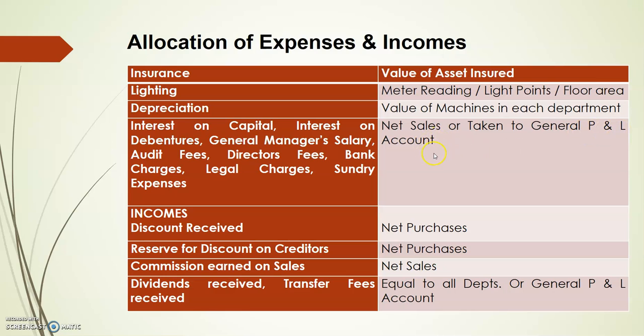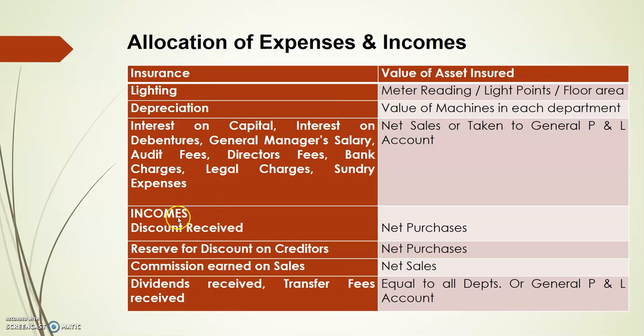That means in addition to the departmental accounts, a separate trading and profit and loss account for each department, we may have to prepare a general P&L account also to consider such items which we cannot allocate to departments. Or we can also choose to allocate these expenditures on the basis of net sales.